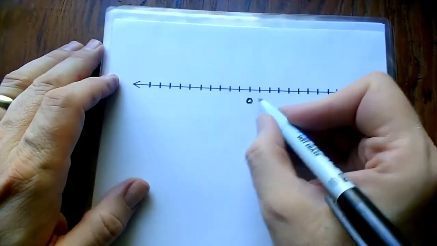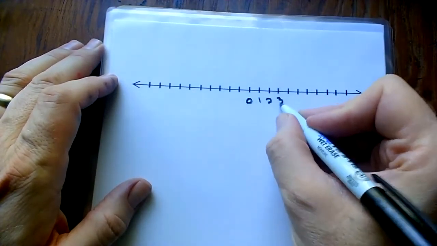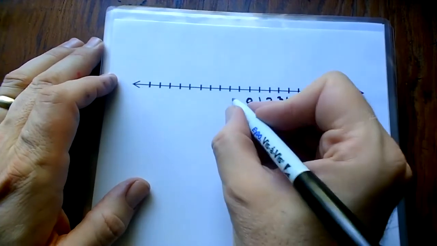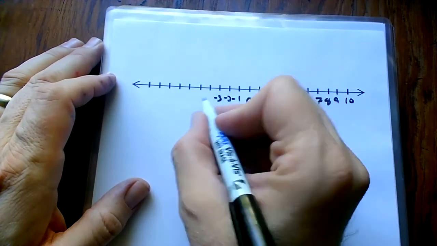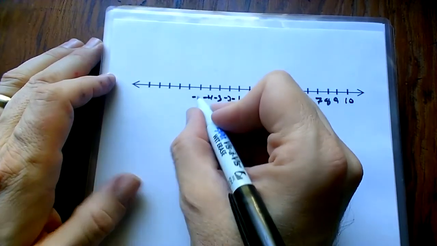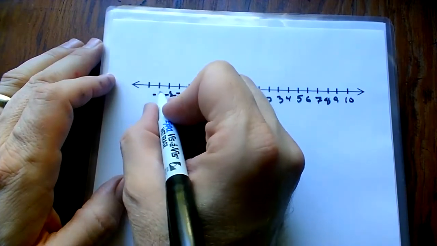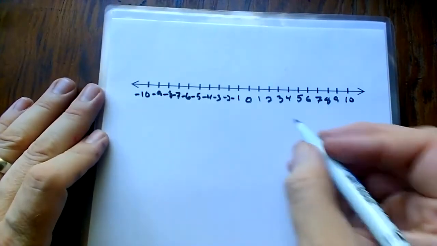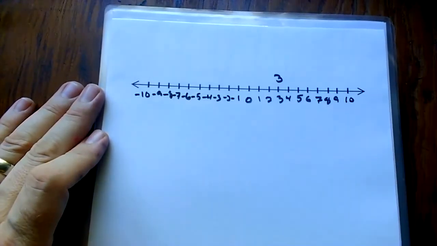Some other things with our notation with regards to positive and negative numbers have to do with what happens when I start putting a negative sign in front of a number. We can also think of the negative sign as the opposite. So if I say 3, 3 is right here.